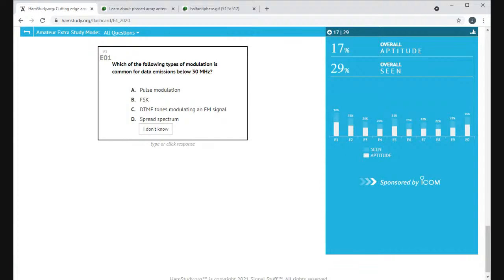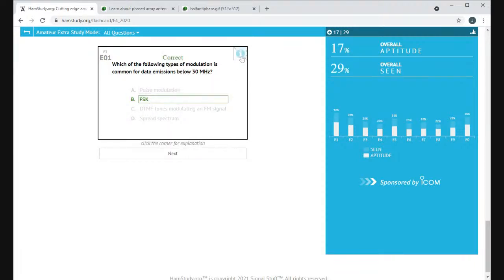I believe most of the modulation is FSK modulation. It isn't C because that's on an FM signal, and FM is VHF and UHF, which is above 30 megahertz. But yes, it is FSK.